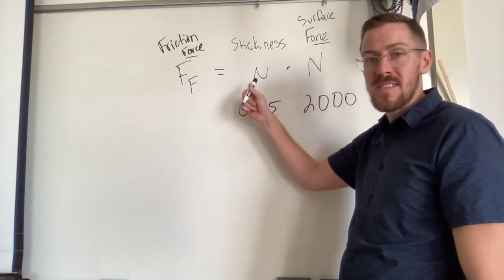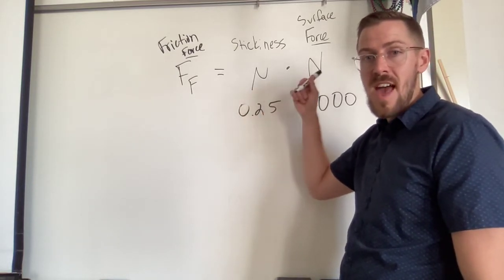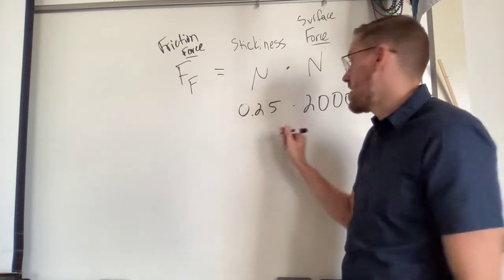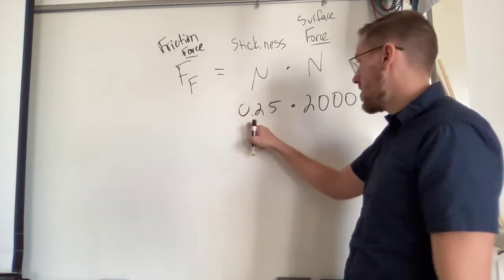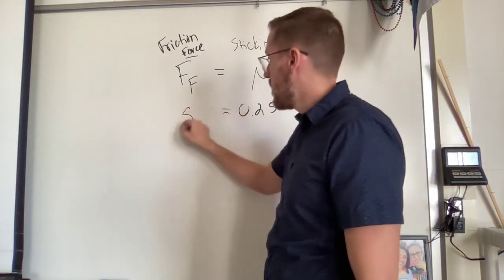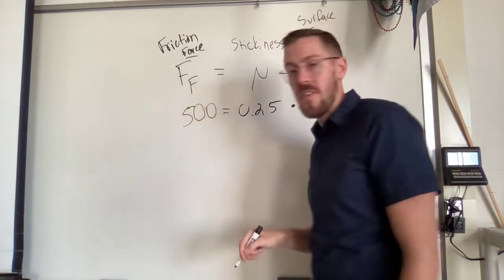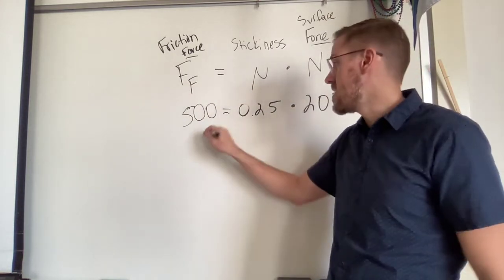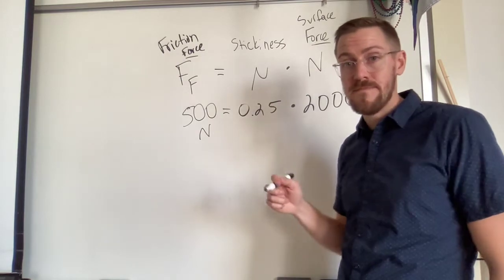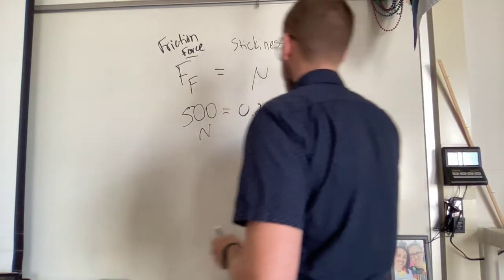The equation just tells us if I give you a coefficient and a normal force, you just multiply them. No algebra needed. Just go to your calculator. This times this equals 500. And the unit for force is always newtons, N. That's it.